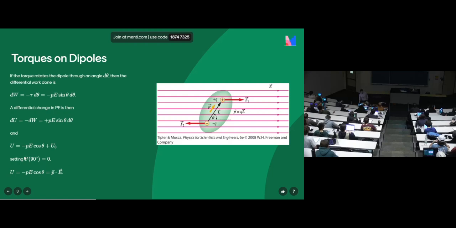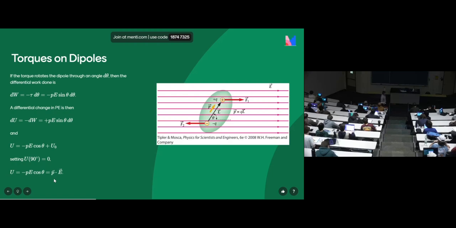If we set the potential energy at 90 degrees, where the cosine is 0, equal to 0, then the constant has to be equal to 0. And so you get that U is equal to minus P times E times cosine of theta.